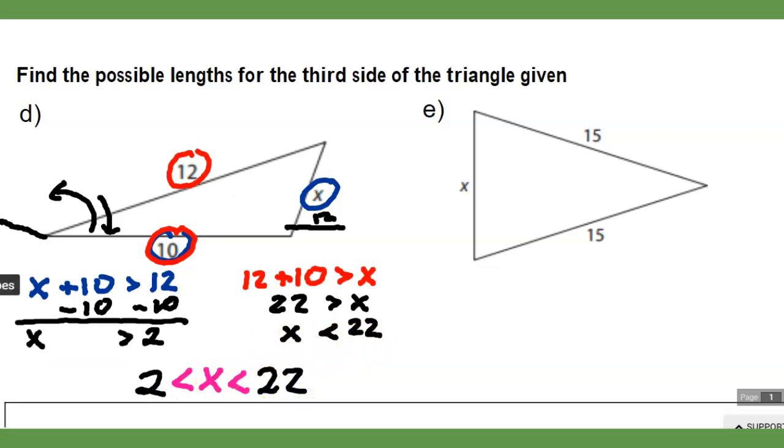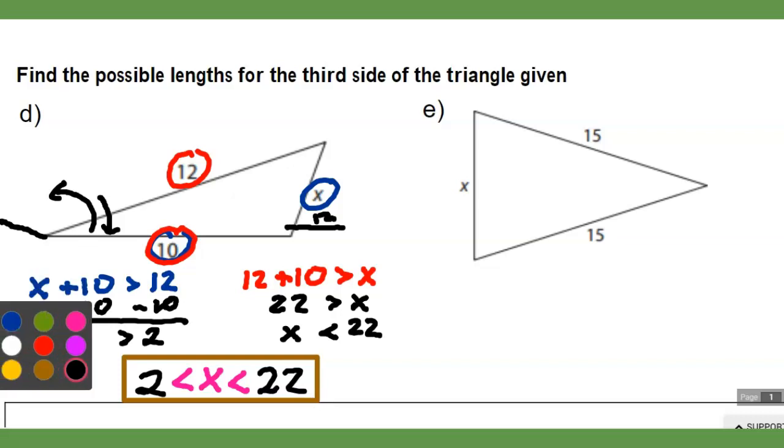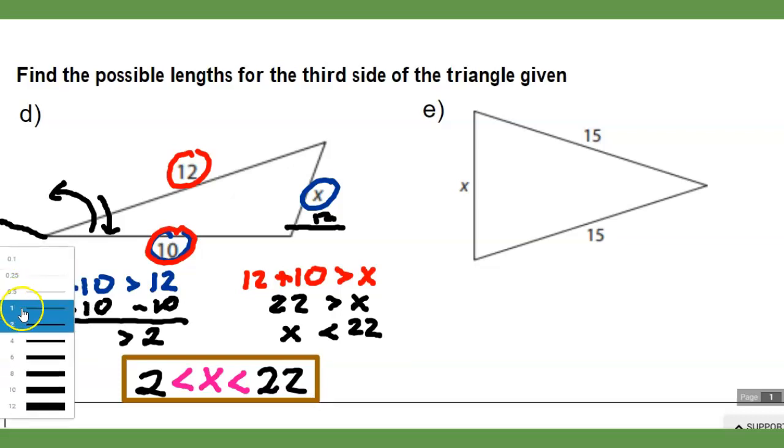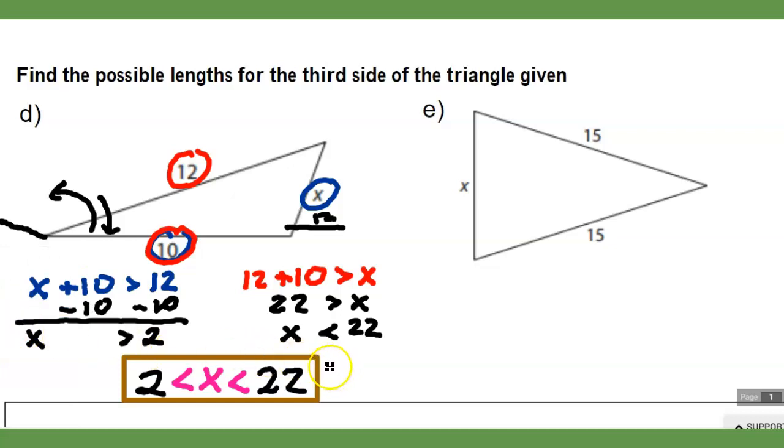So the newest thing of all of this might be just that format and writing your answer that way. And all this means right here is x is between 2 and 22. It's just a fancy way of writing it.